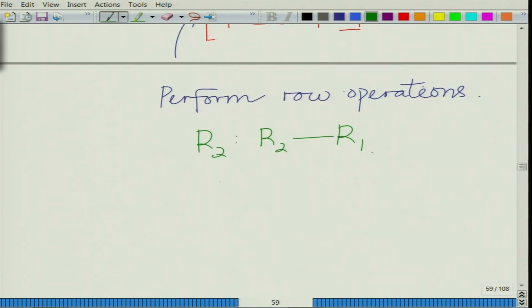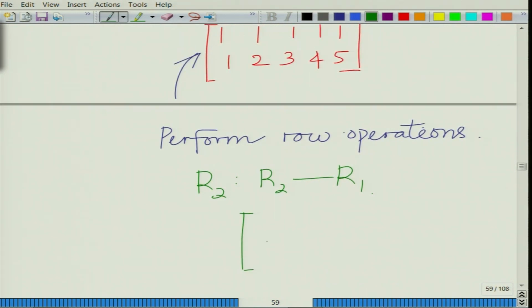Then the matrix equivalently becomes 1 1 1 1 1, 0 1 2 3 4.